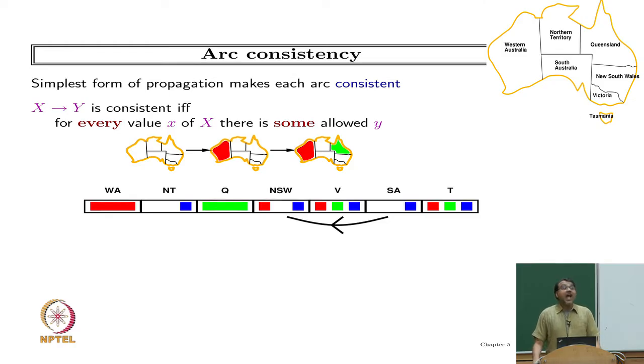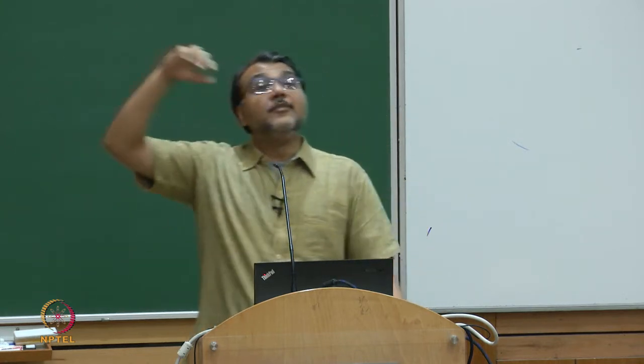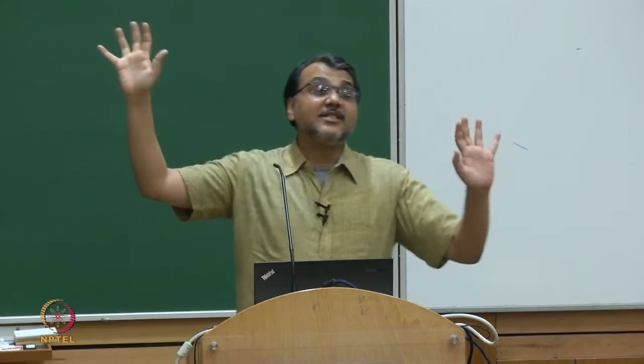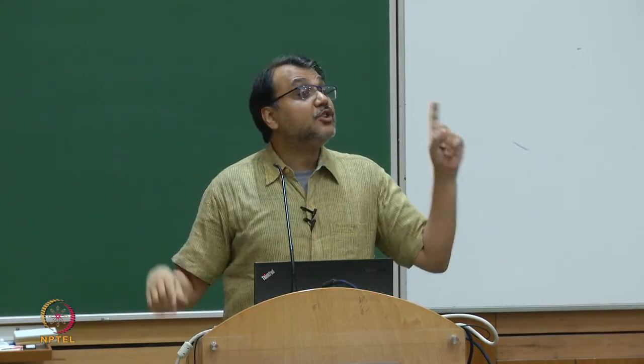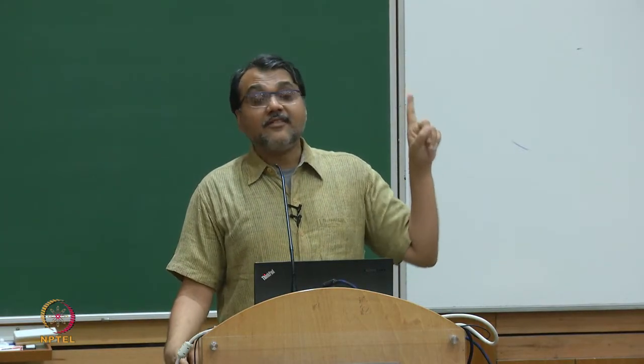Very simple. And now that some value of x has been removed, which arcs might see some more removals? It's a harder question. Other variables z to x. Why? Because for every value of z there should be some value of x, but now I have reduced one value of x.